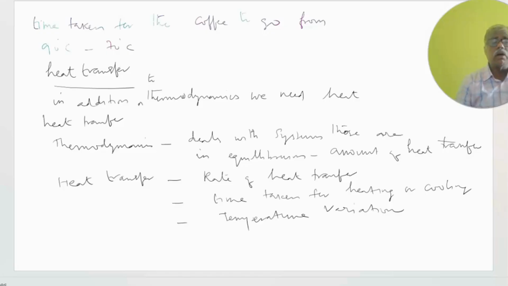These are the topics of the subject called heat transfer, which thermodynamics cannot help with. So it is very clear why heat transfer is required.